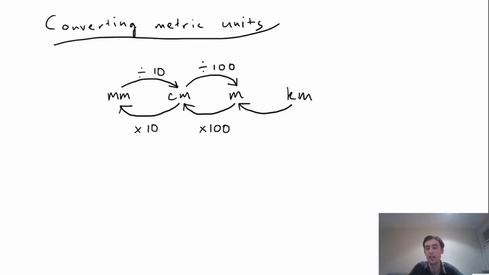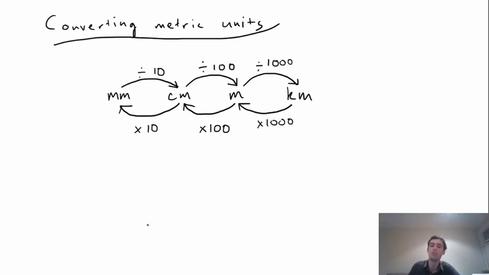If we want to find out how many meters are in 1 kilometer, we times by 1,000, and flipping, we divide by 1,000. Alright, we'll stop it there in terms of just converting units of length.